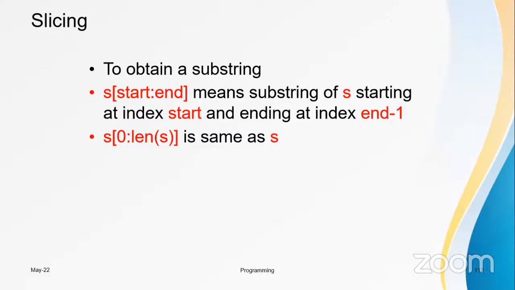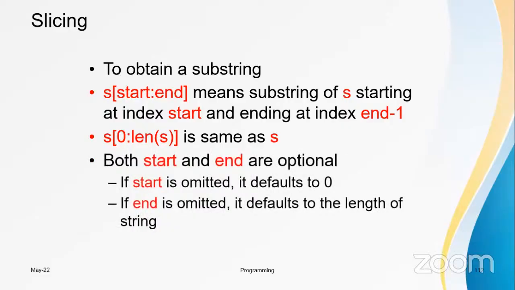Start exactly starts from the beginning onwards. So if start is not mentioned, it will take it as 0. If end is not mentioned, it will take till the length, so the last element will be taken by default.